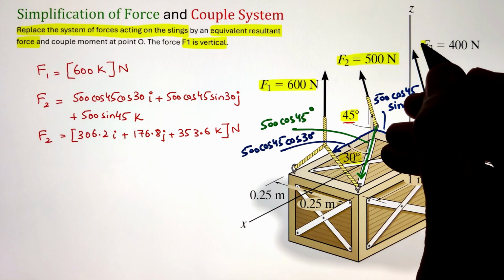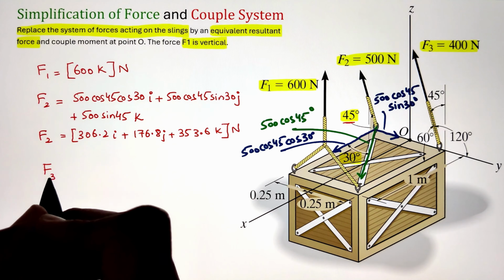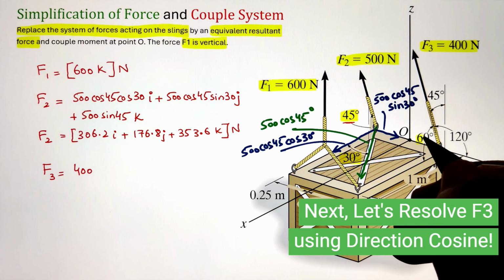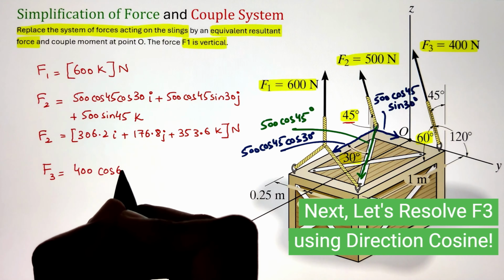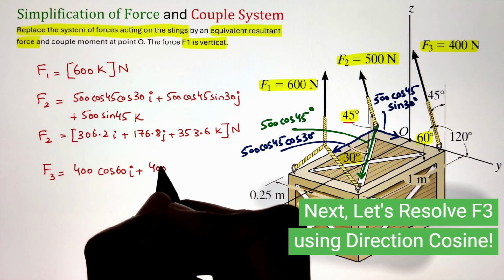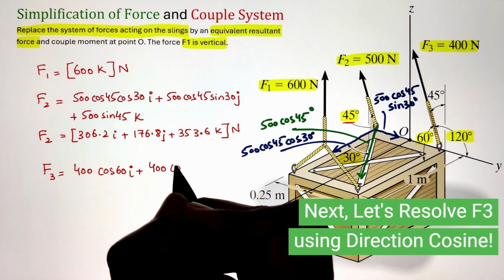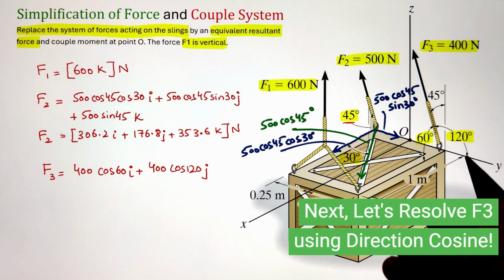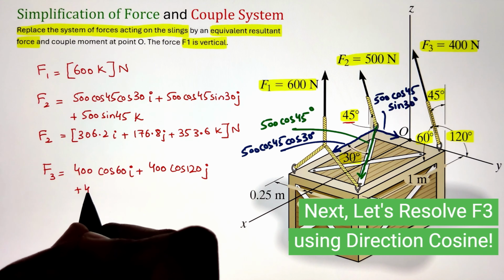Here we are given the angles this force is making with respect to the x, y, and z axes. So we can utilize our direction cosines to figure out the x, y, and z components. So taking 400 cos of 60 will project the component of the force along the x direction, plus 400 cos 120 will project it along the y direction, and finally 400 cos 45 will project it along the z direction.